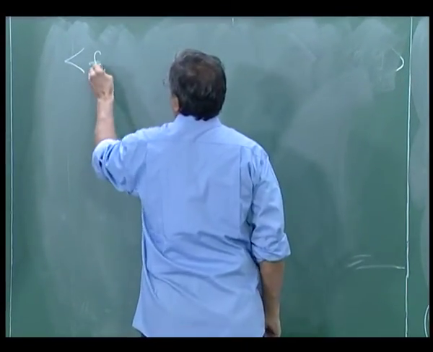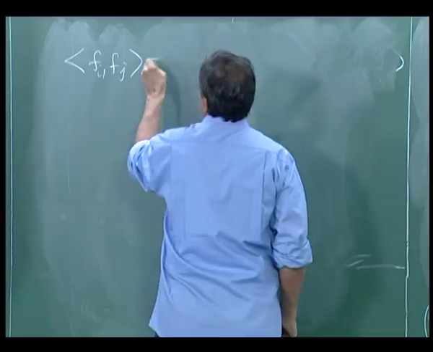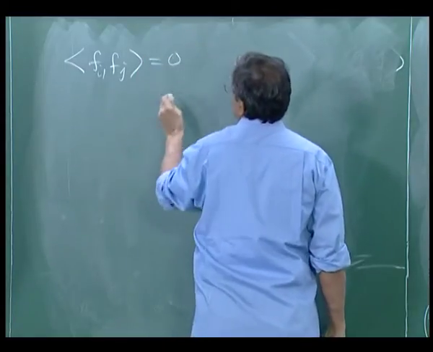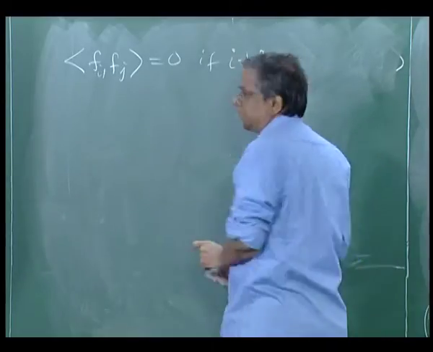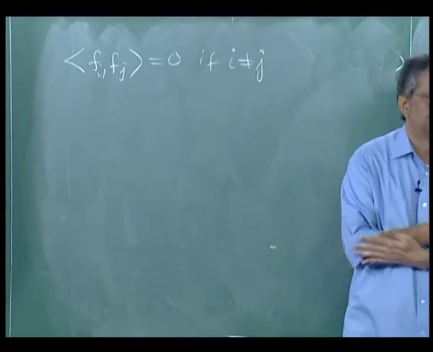fi fj equals 0 if i not equal to j. Why did that work? How did that happen? Right.